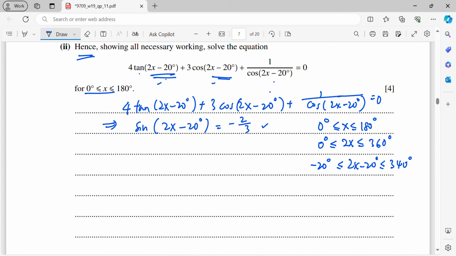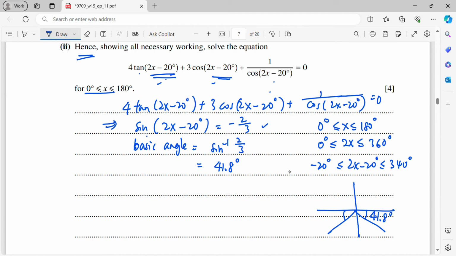So now by looking at the quadrant, sine is negative means that it will be in the third and fourth quadrant. So now I will write basic angle equals inverse sine 2 over 3. So that is going to be 41.8 degrees, which means I will label this as 41.8.